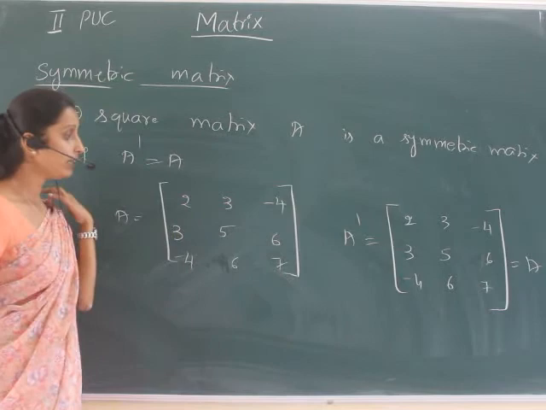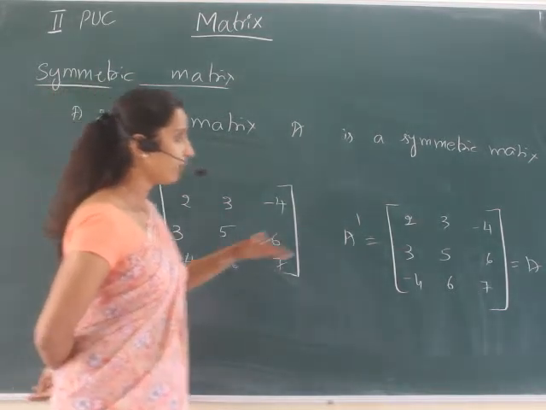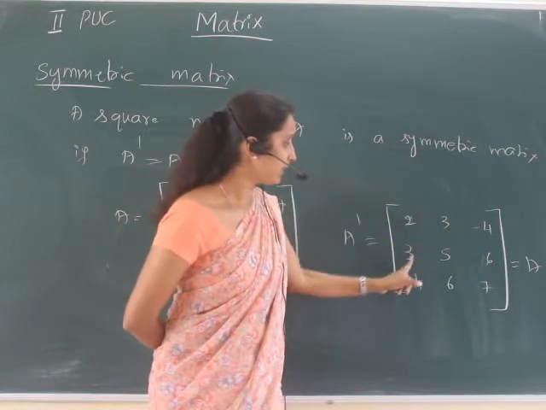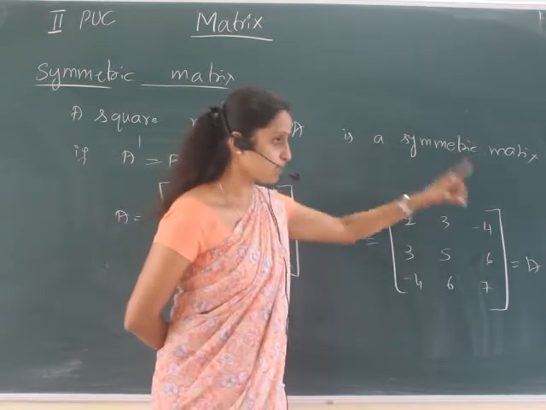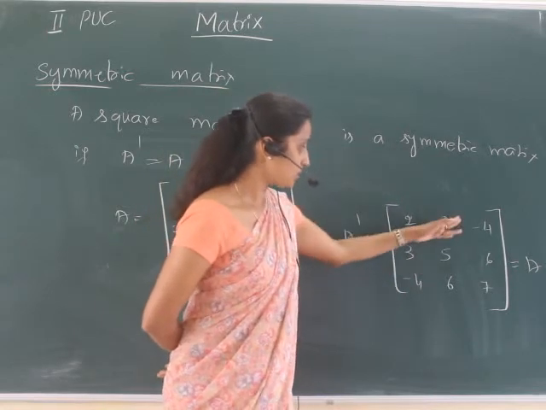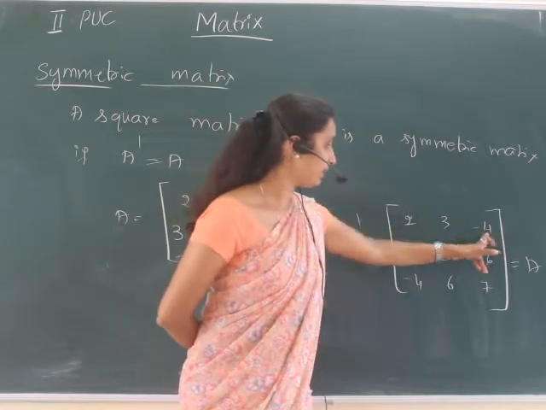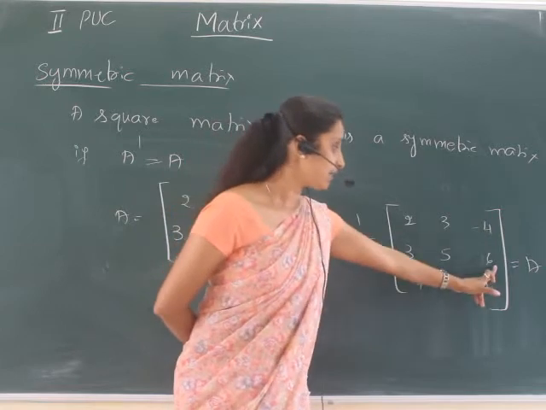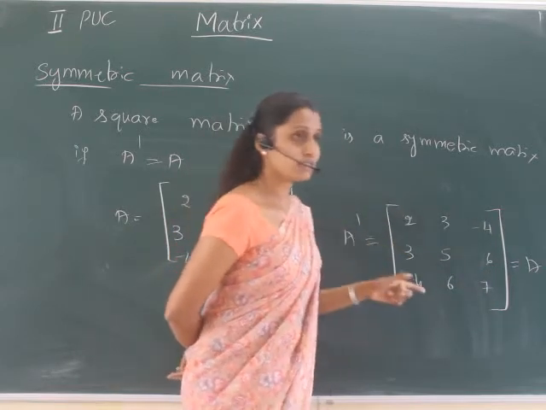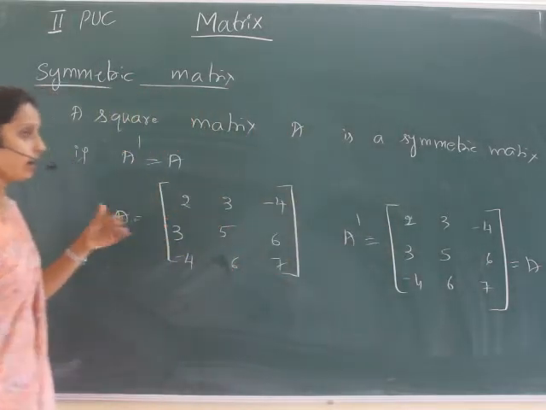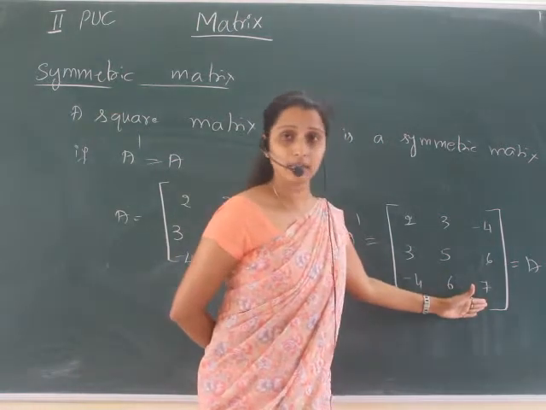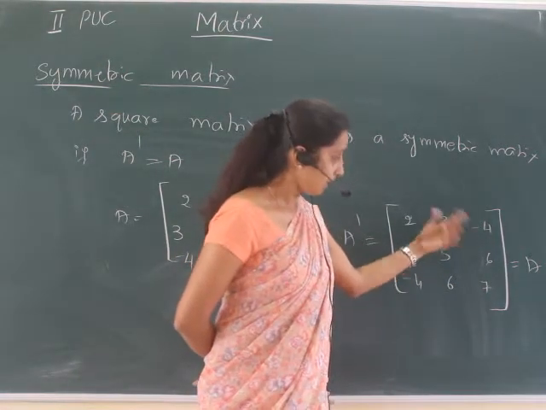Suppose it is a square and we fold along the diagonal, then the elements overlap with each other. So the diagonal elements can be any element.